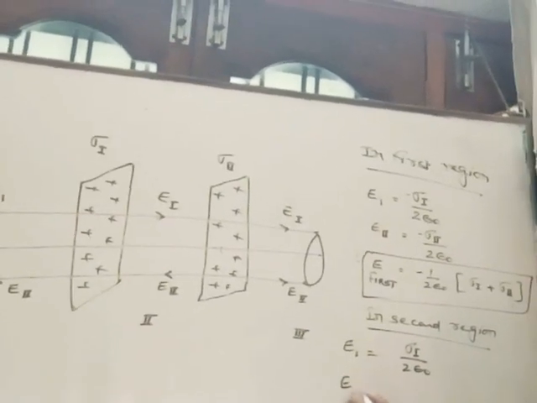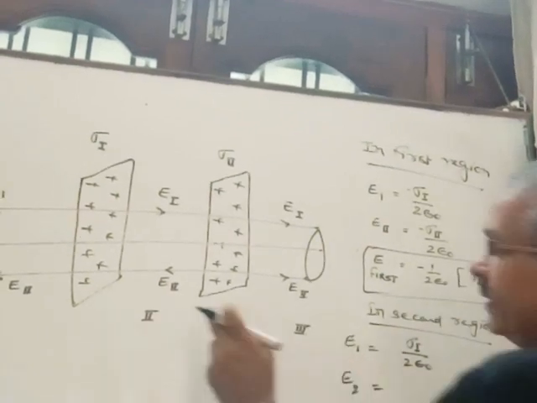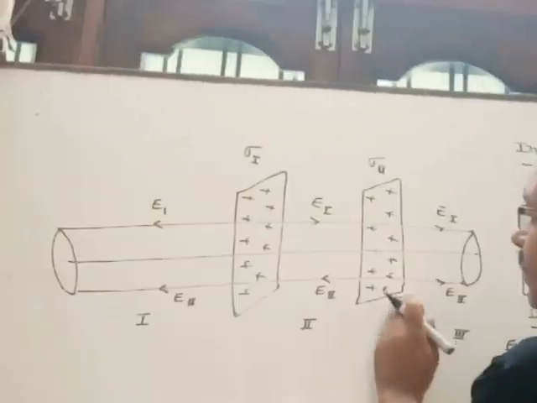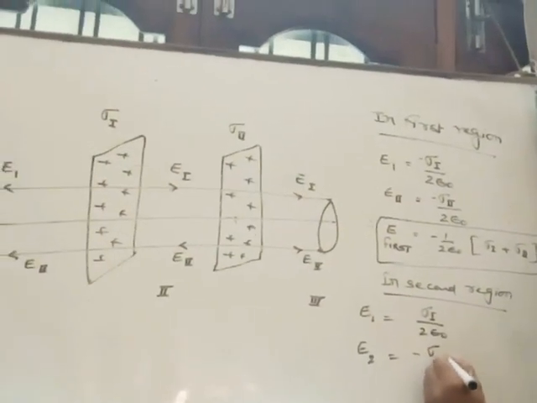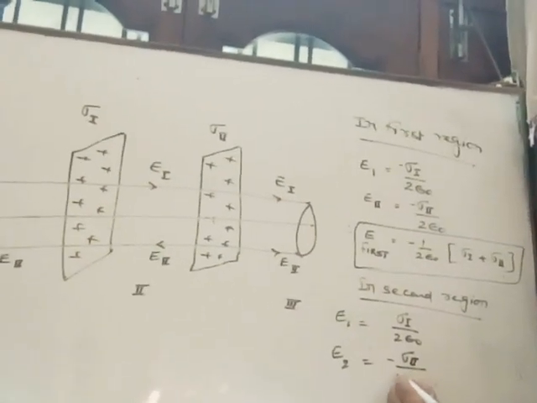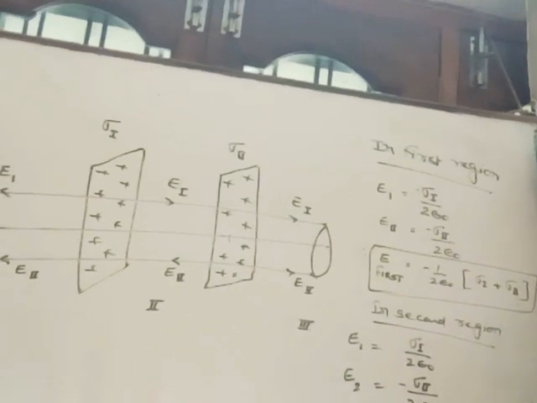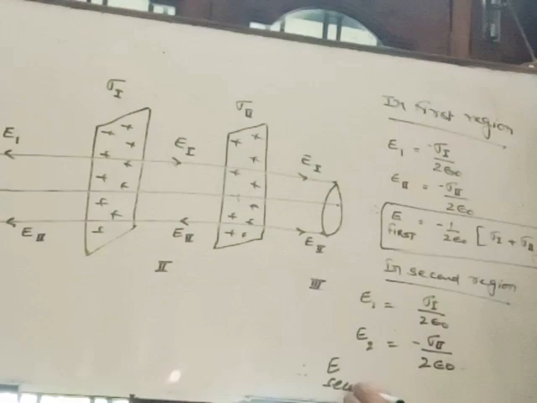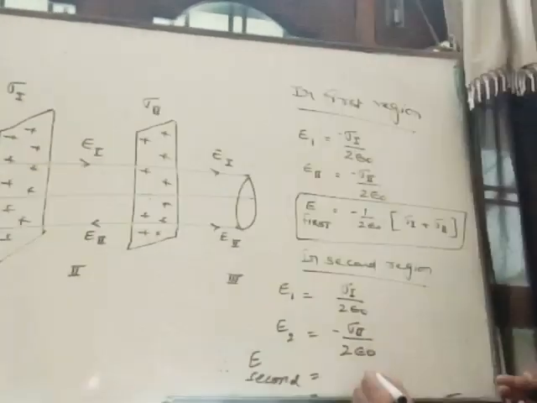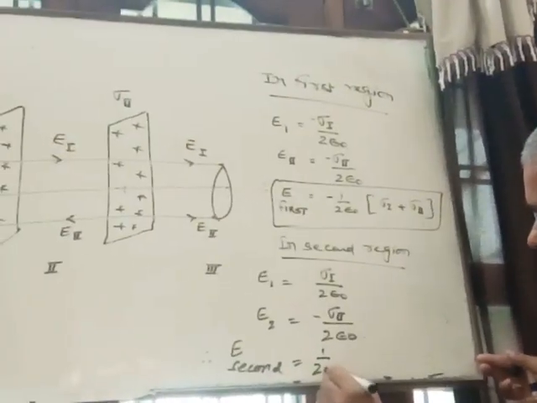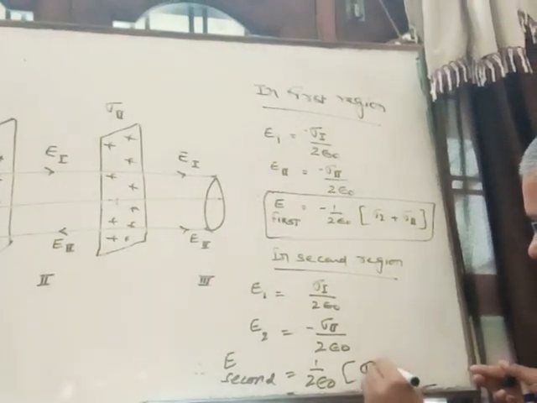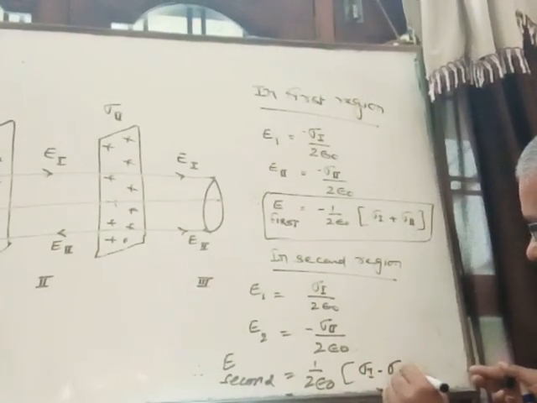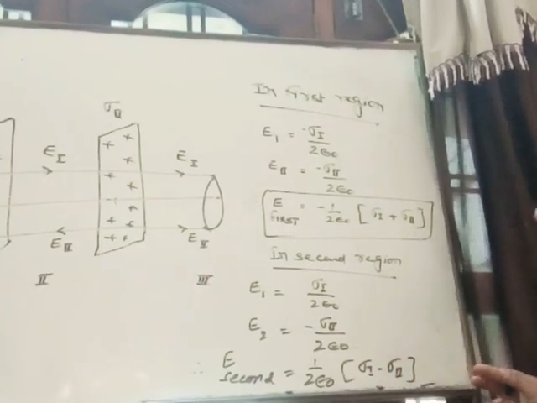And by the second sheet, see here, the second region is present left of the second sheet, meaning along the x negative axis. So it is minus sigma second by 2 epsilon 0. Therefore, the net EFI in the second region is equal to 1 upon 2 epsilon 0 times (sigma first minus sigma second).